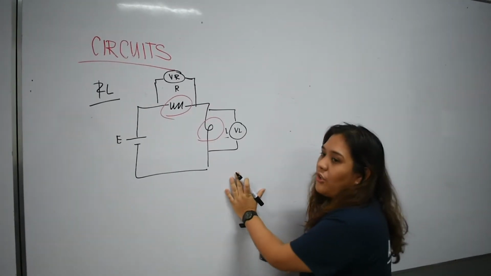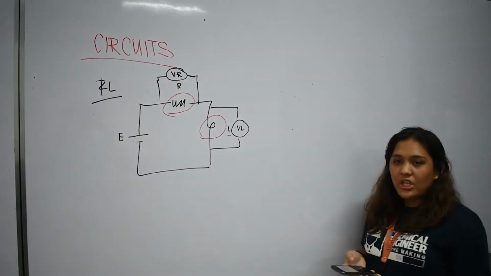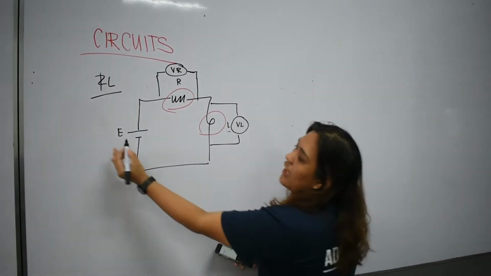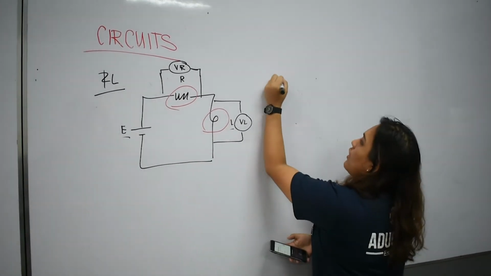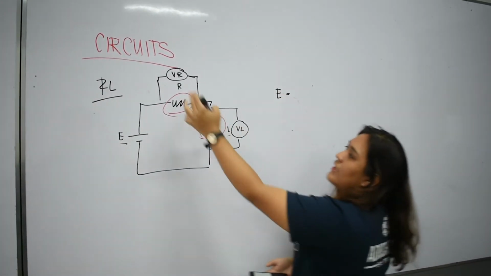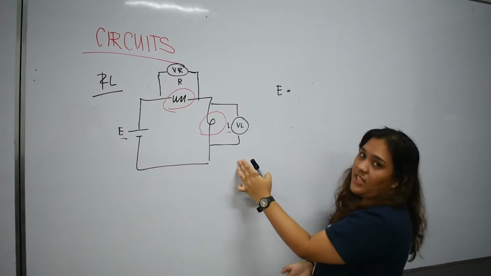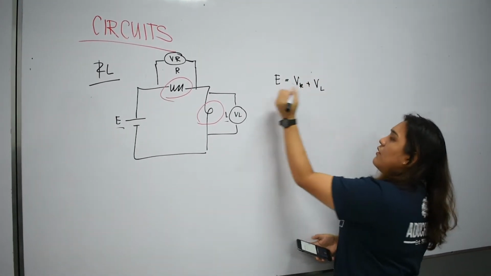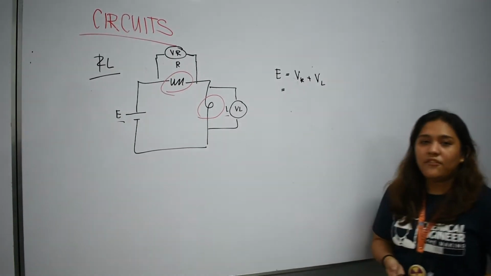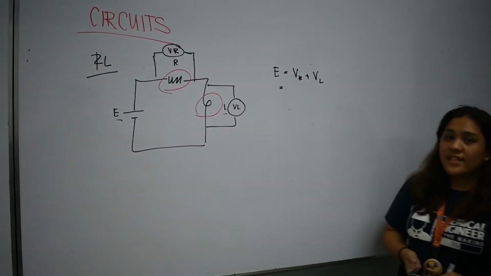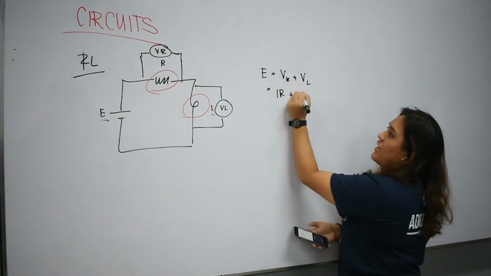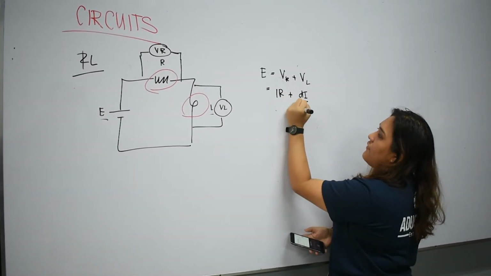For RL circuits, we are going to get the equation for the current I, which is derived from the formula of the EMF, which is the voltage of the resistance plus the voltage of the inductance. We all know that the voltage of resistance is IR, while for the inductance it is L times the derivative of the current over the derivative of time.